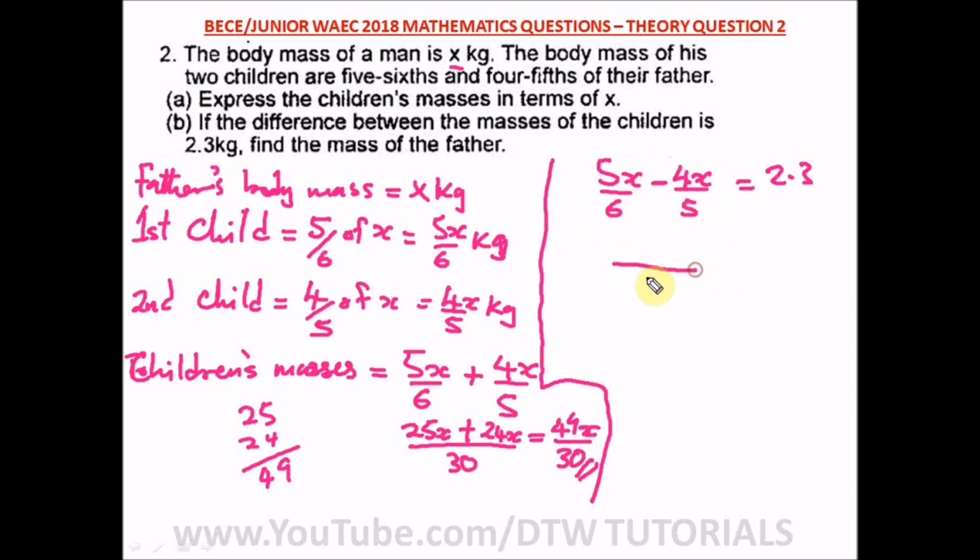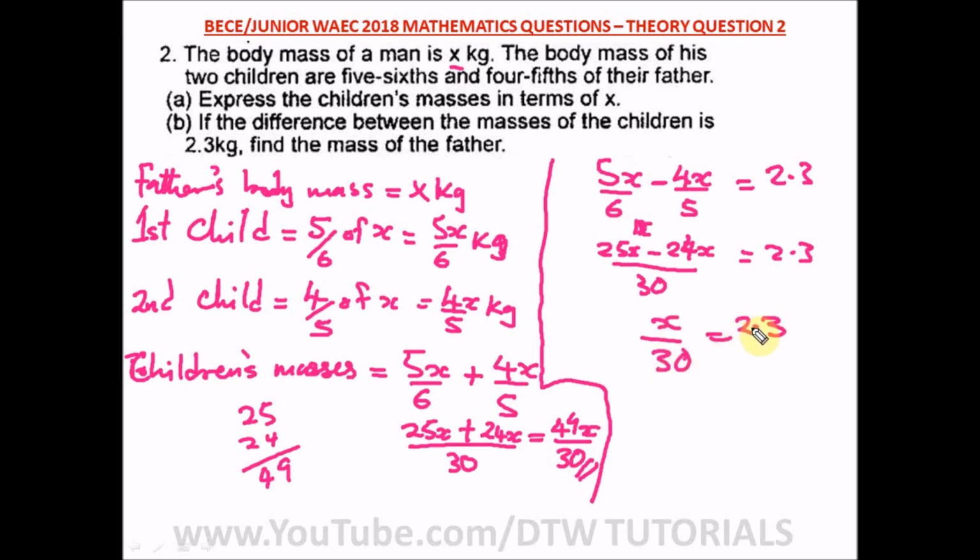Still 30, the same 30 we used here. 6 in 30 will go 5 times, and 5 times 5 will give us 25x, minus 5 in 30 will go 6 times, and 6 times 4 will give us 24x, equal to 2.3. And 25x minus 24x gives us 1x, which we can leave as x. So we write x/30 equal to 2.3.